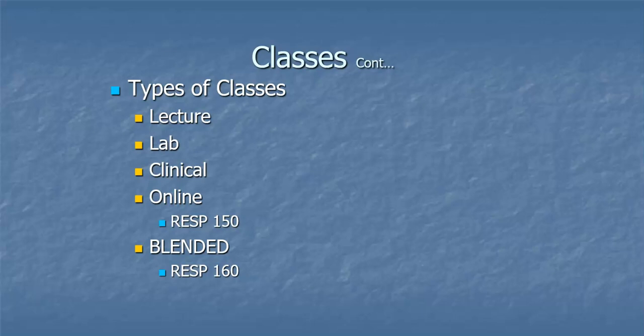However, we use these smaller, more condensed semesters in order to prepare you for things that are going to be coming after that. Example, Respiratory 200 is now an online class. I forgot to add that into this PowerPoint. So Respiratory 200 is an online class, which is disease states.